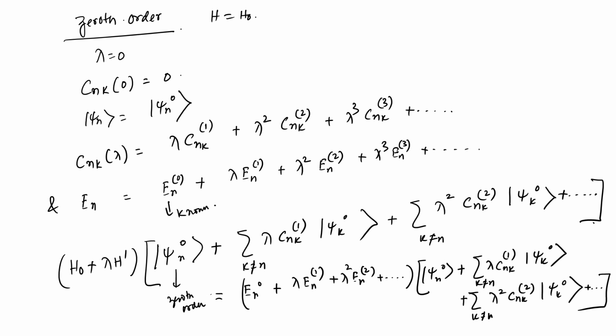So, if this equation has to be satisfied, then we should equate equal powers of lambda on both sides of the equation, and that gives us, so, match powers of lambda on both sides.